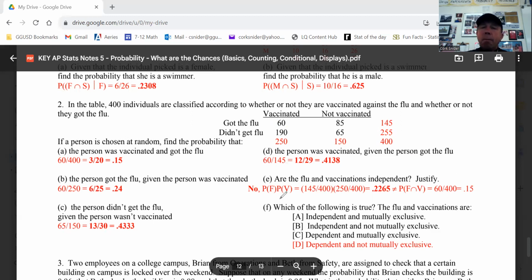So let's take the probability of getting the flu. Getting the flu right here is 145 out of 400. See that? And then being vaccinated is 250 out of 400, okay?